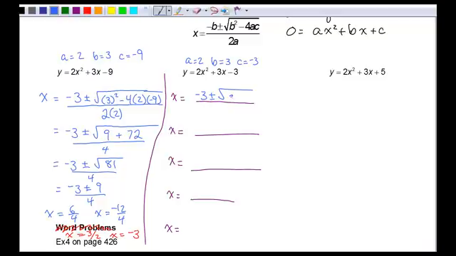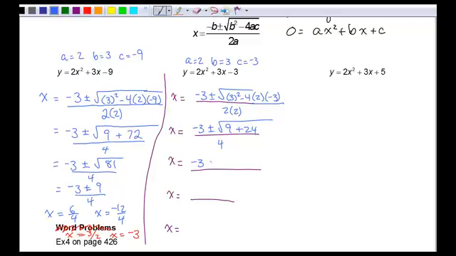So 3 squared minus 4 times 2 times negative 3. And that's all over 2 times a, which is 2 times 2. The negative 3 stays, plus or minus 3 squared is 9. Negative 4 times 2 is negative 8, times negative 3 is positive 24, over 4.